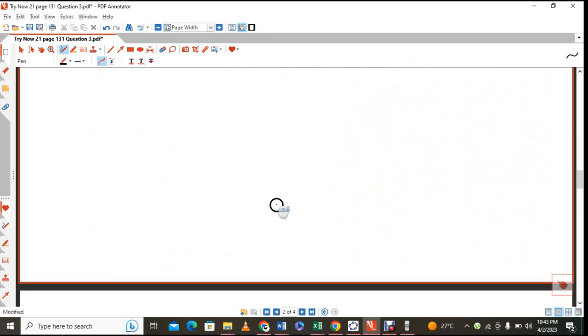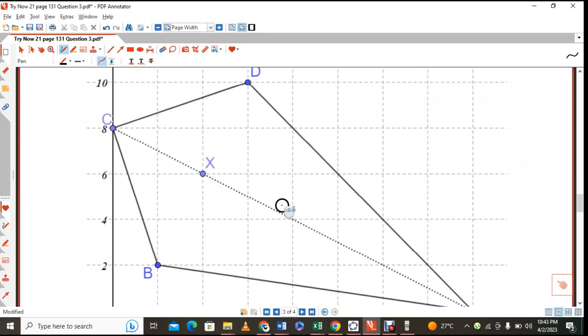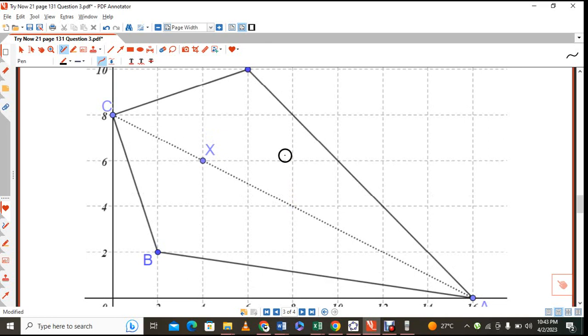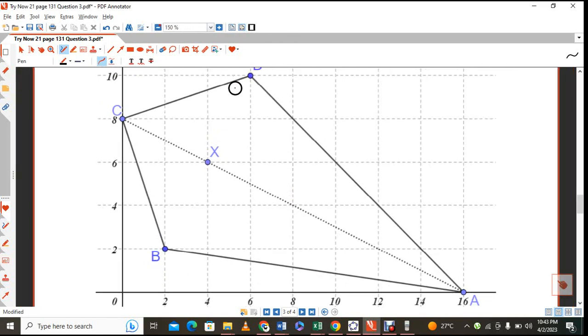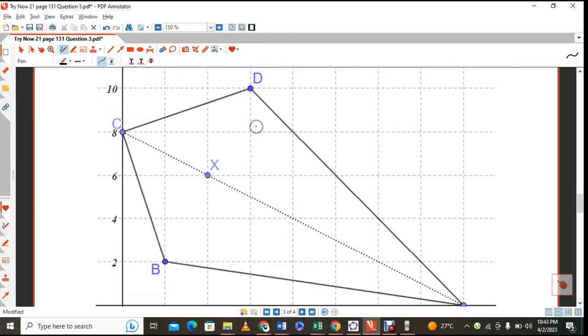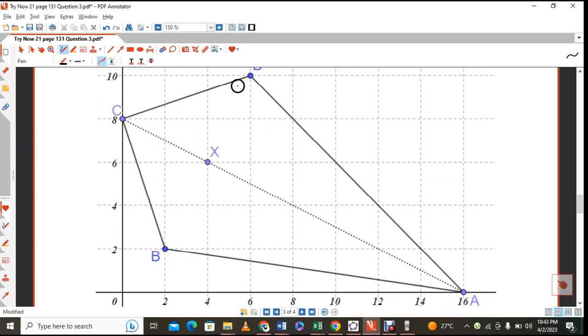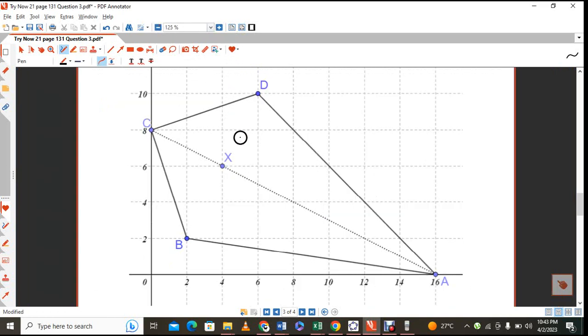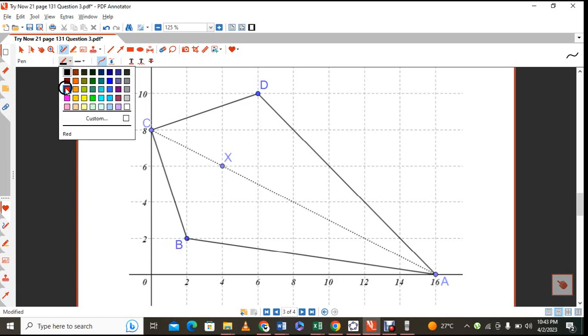Okay, so look at the diagram that I have here. Of course, I have a diagram here, so I'm just going to make it a bit smaller so you can see what I did there. So my point D, what I was referring to, the distance B to X, that distance over there.